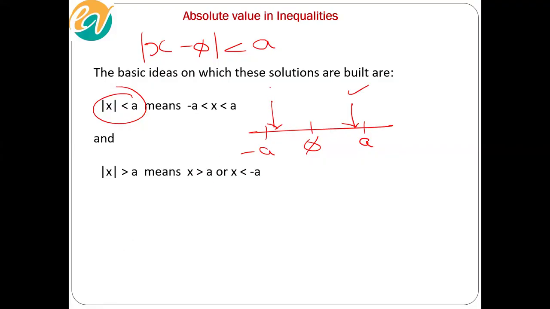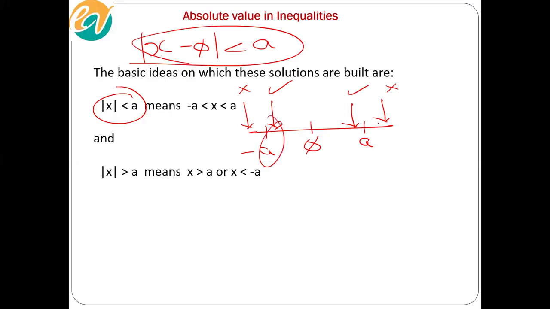Again, yes. Can x be this? No. Can x be this? No. So given that absolute value of x is lesser than a, what is the permissible range for x? Very nice. Between minus a and a. So that's the solution. All right.